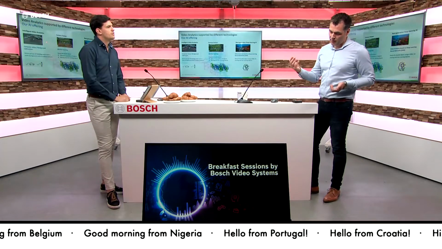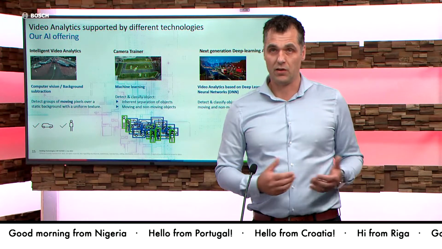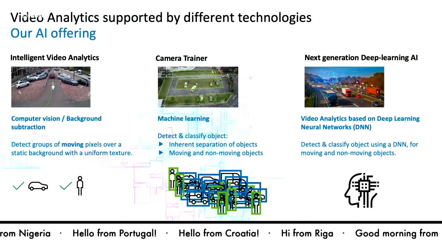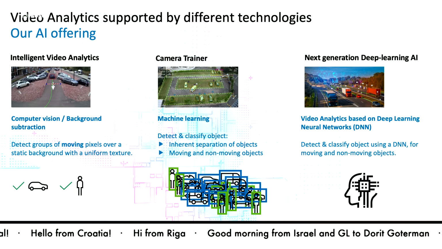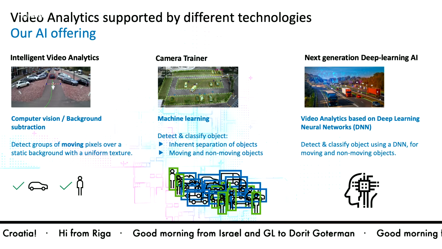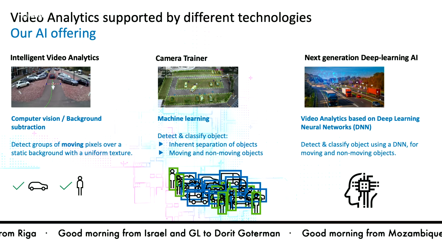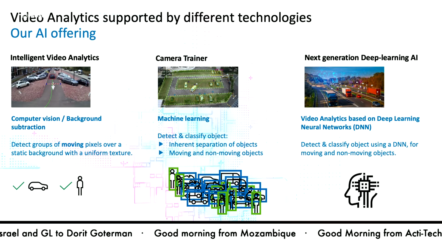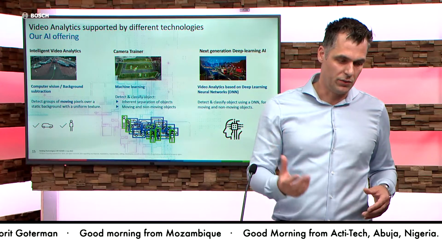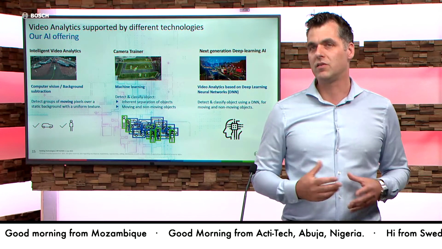Looking at camera trainer, this machine learning is already a different kind of algorithm. You're teaching it the contours and the shapes of what a certain object needs to be detected as, and it can even be a wheel of a car, for example. So you can have parts of it. Or the wheels of a train track, so that you can do some counting of these kinds of applications.